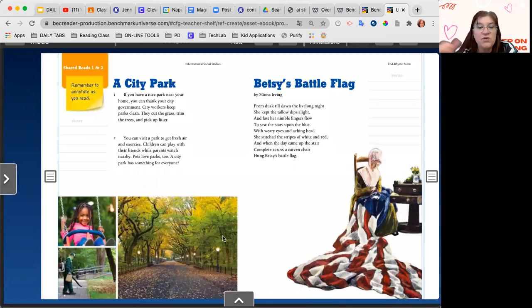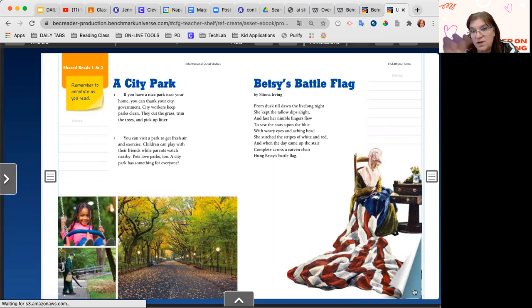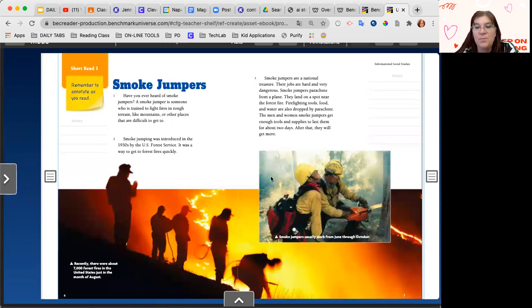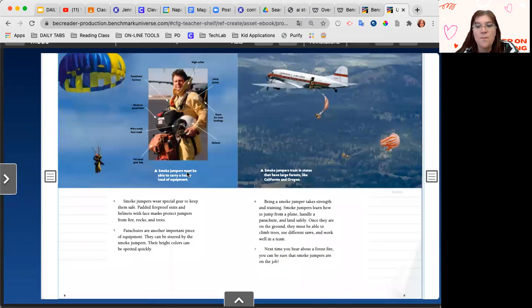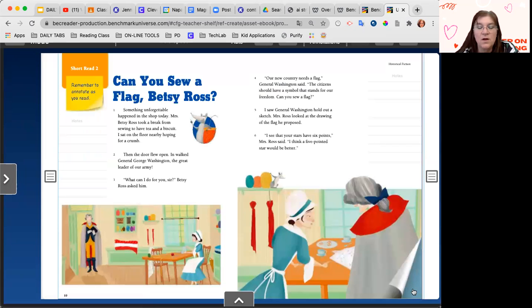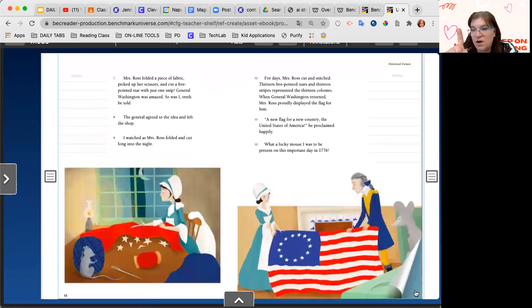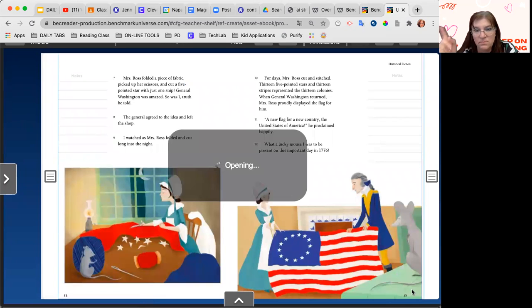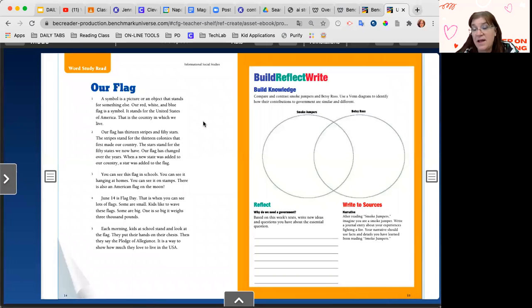For example, I noticed when looking at this second grade reader, they talk about parks, the battle flag, and different roles within the community. There's this long story on smoke jumpers. And then Betsy Ross again, they're really into her, even though I don't want to talk about the historical accuracy issue going on here, and the flag, right?